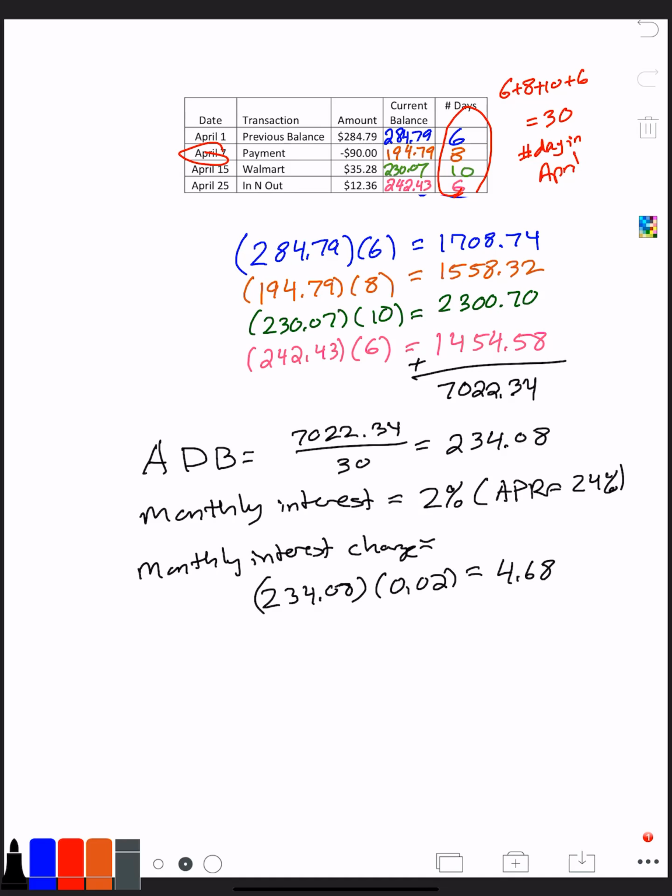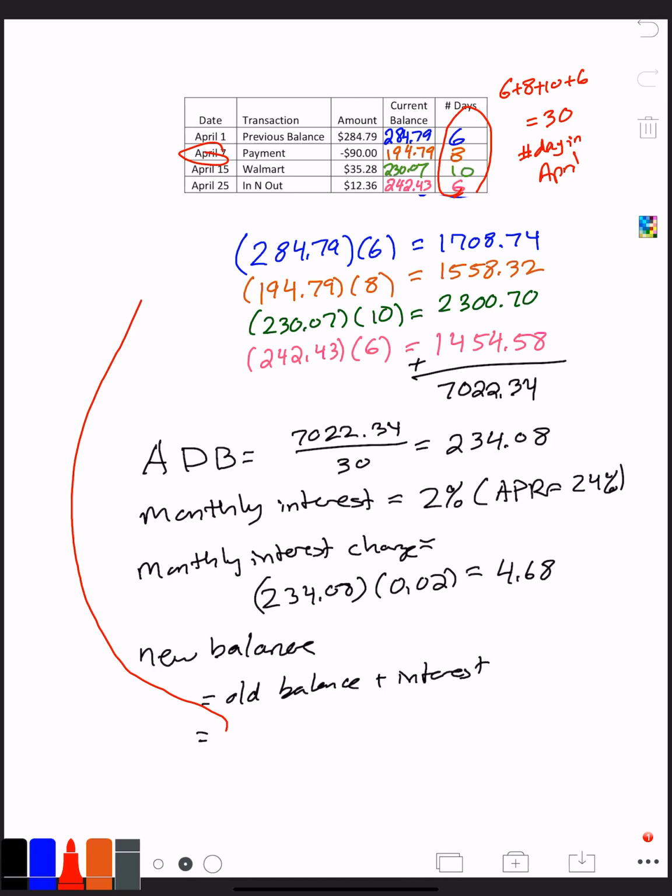That gives us $4.68. And finally, we can then calculate the new balance at the end of the month when they send you the new statement. It's your old balance plus the interest. So the old balance, and this is where we need to be careful, that's the balance right at the end of the month. Not any other time, just at the end of the month.